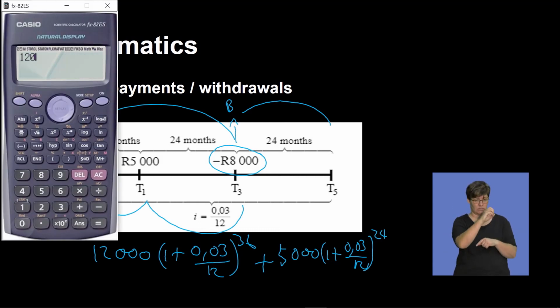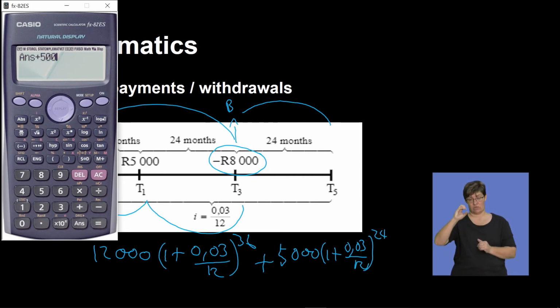This will be 12,000 into 1 plus, the interest there is 0.03 over 12 to the exponent of 36, right? And then we add the other amount that gained interest for 2 years now.